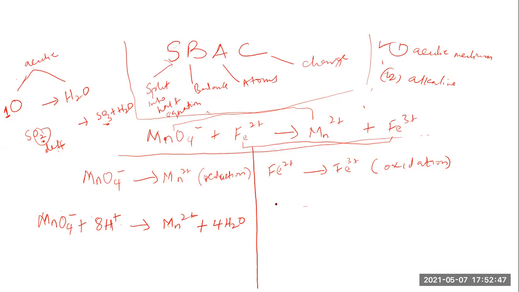On the opposite side, iron 2 plus has gone to iron 3 plus. So 1 atom of iron is balanced, and there's no need for me to do anything again. No deficiency at all. So I'll move to the next step. I've balanced atoms. Don't forget, we split, we talk about balance. We've balanced atoms. Now we need to balance charge. How do I balance charge? Look at the number of charge here.